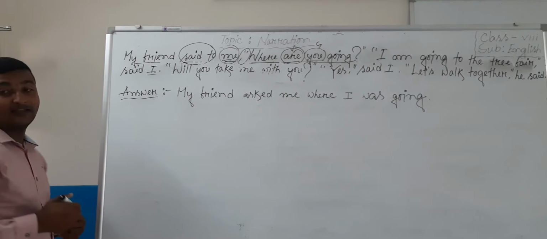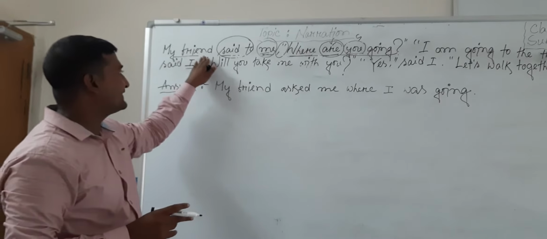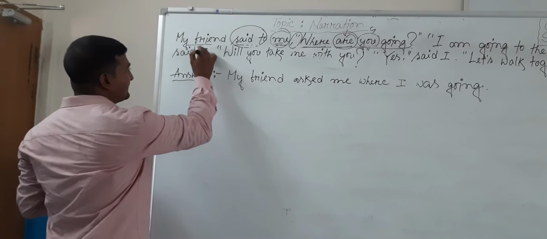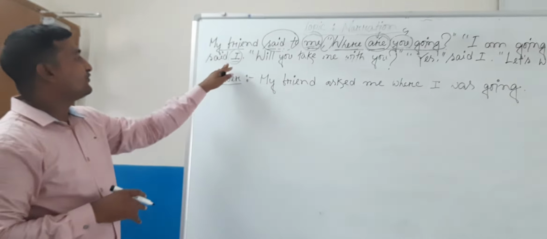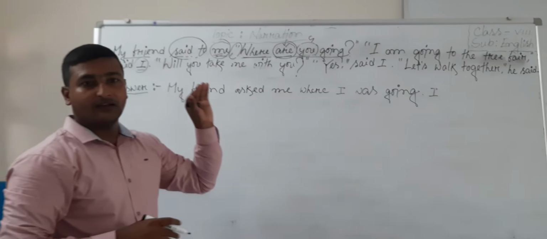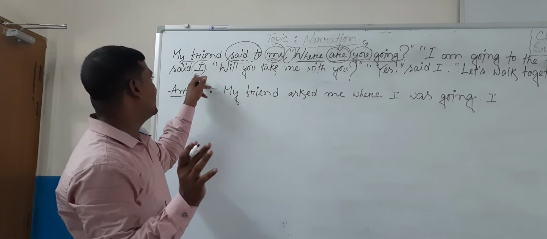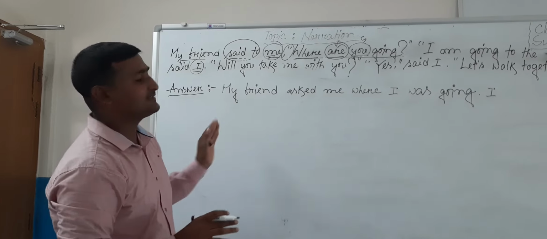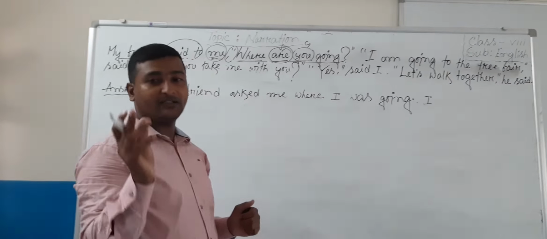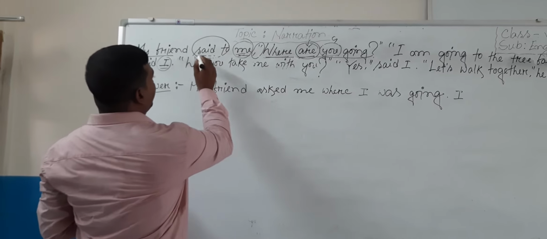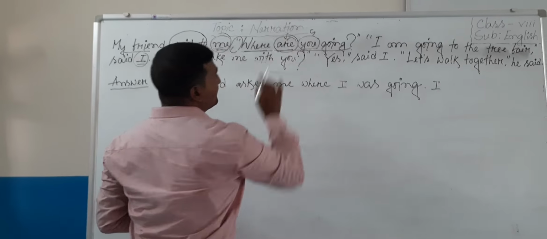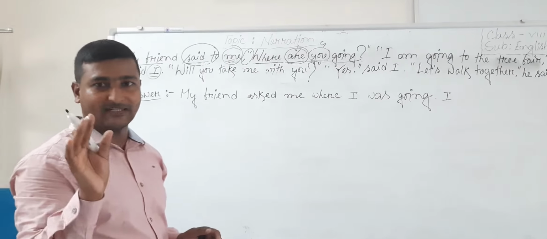Say I. Here the speaker of the first sentence was my friend, but the speaker of the second sentence was I. So I have to write the subject first. I. I is the subject here. Then the reporting verb. I have already told you, we have to see whether the reporting speech is an interrogative sentence or an assertive sentence.